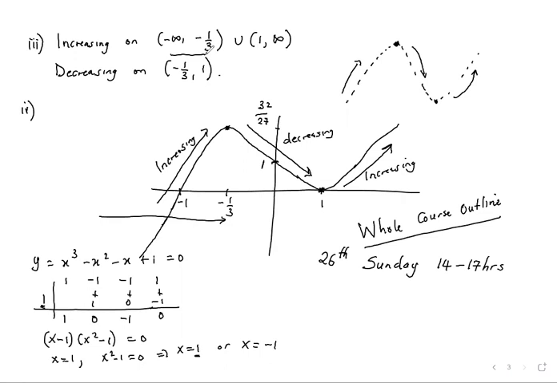And from 1 going this side, we don't know where it ends, the function will be going up. That's the meaning of this interval. And from -1/3 to 1, for x values, the function will be going down. Is it okay?